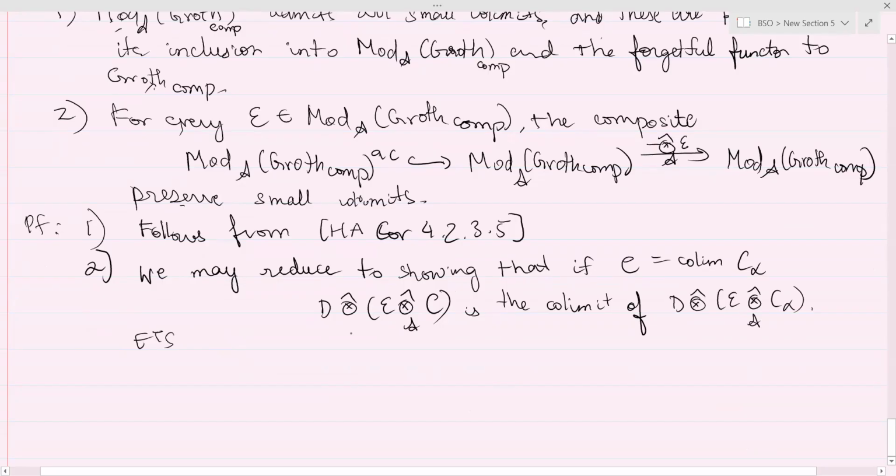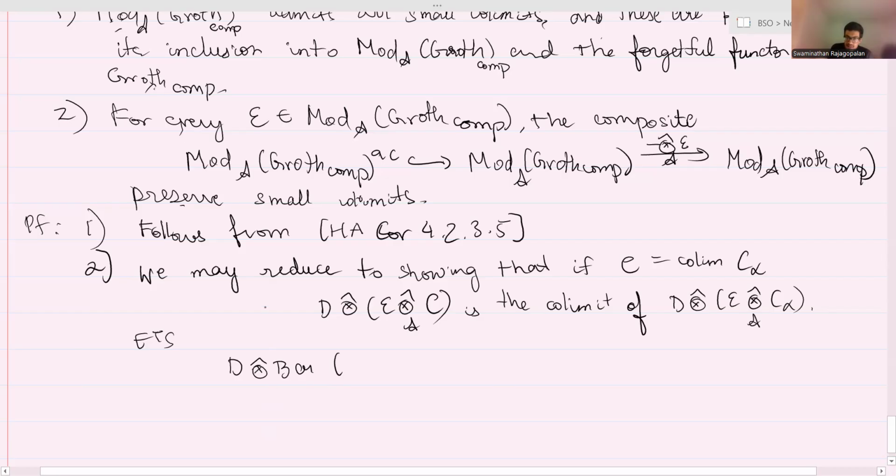So if we show that the left-hand side is a colimit on each stage of this simplicial diagram, then it follows that the realization will be, because all colimits are involved. So it suffices to show that the tensor product with bar.